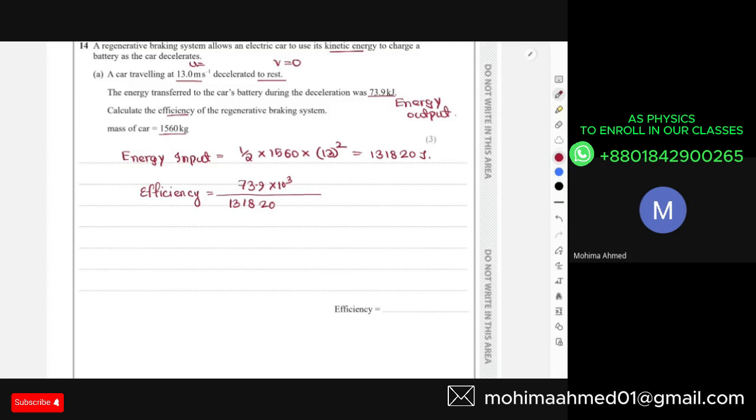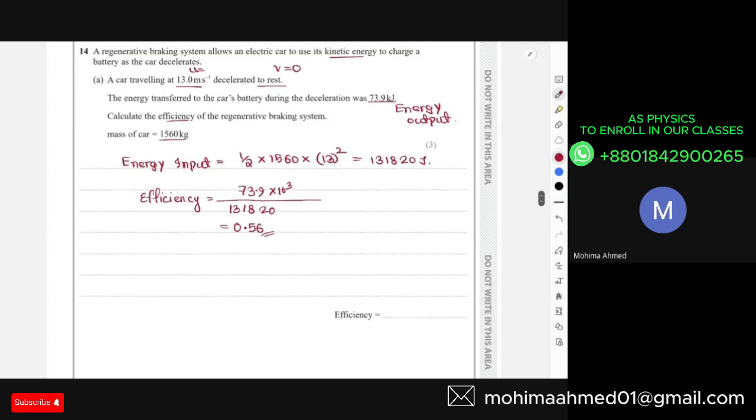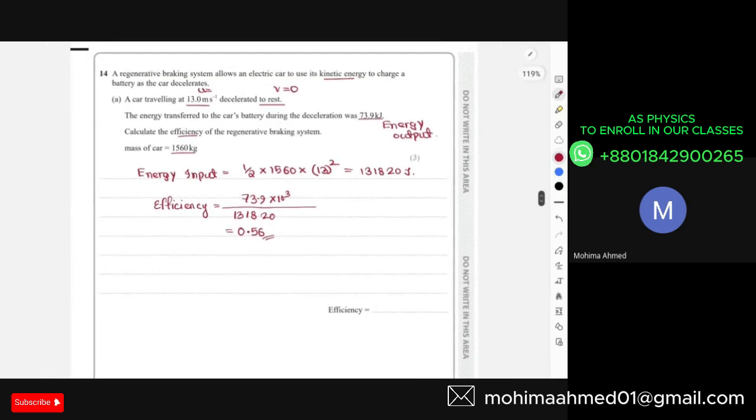So you get 0.56. This is your efficiency, that only 0.56, or 56%, of your total kinetic energy is transferred into the car's battery charging. Is there any problem from this part A?